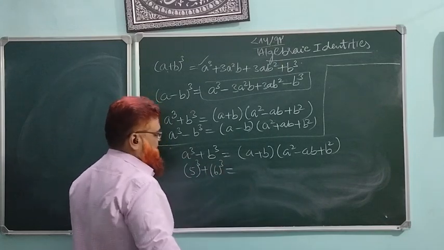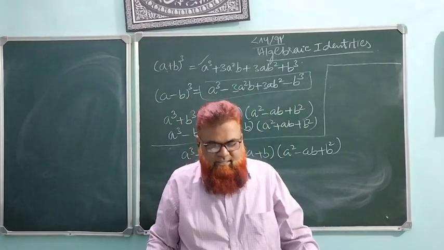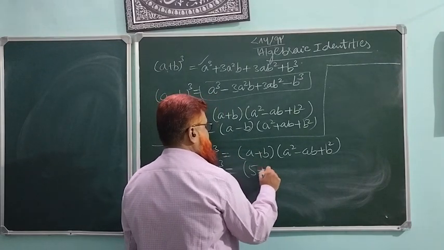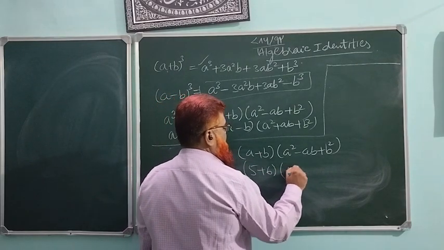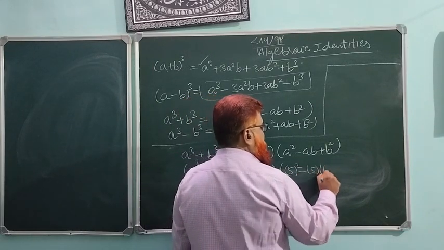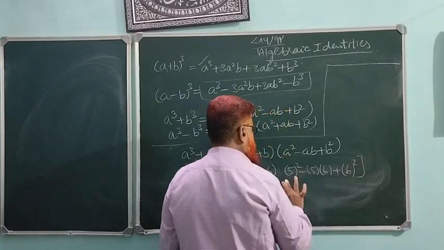So here in place of a I have taken 5 and in place of b I have taken 6. Now a plus b, 5 plus 6, into a square, 5 square, minus a into b, 5 into 6, plus b square, 6 whole square. Now close the bracket.